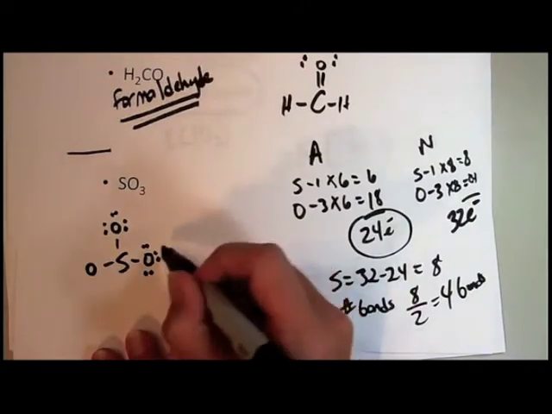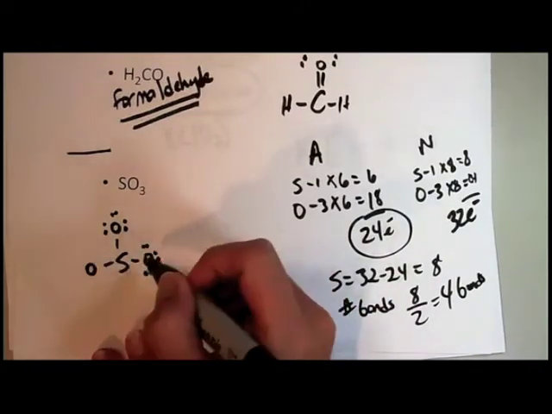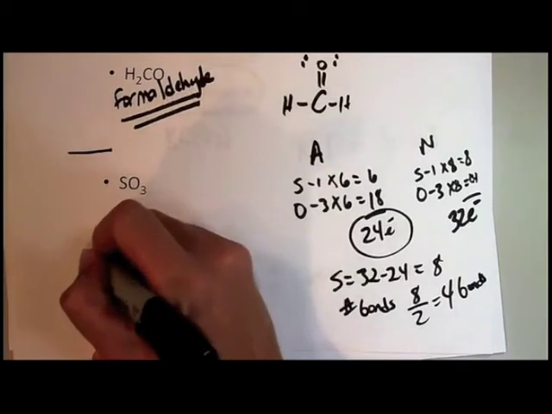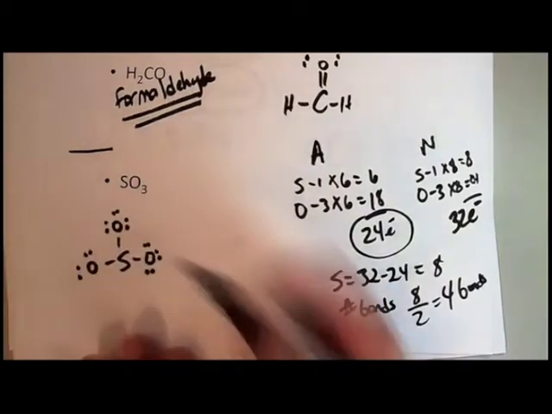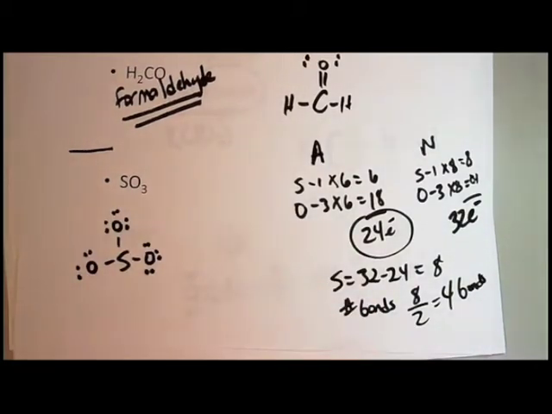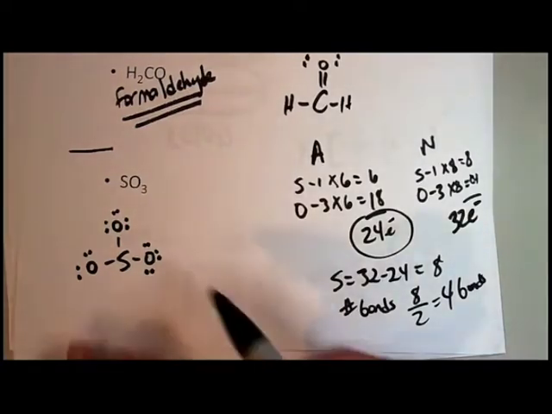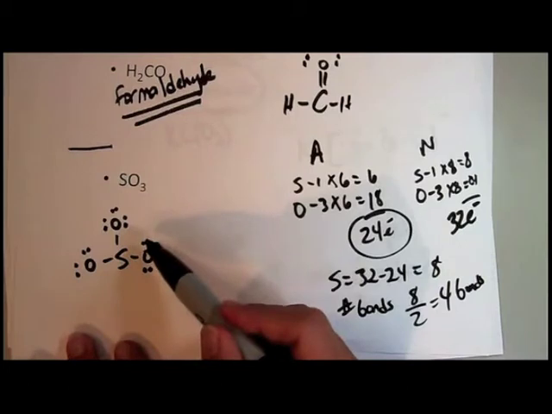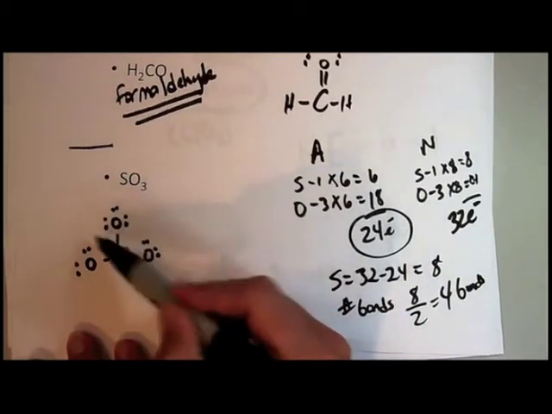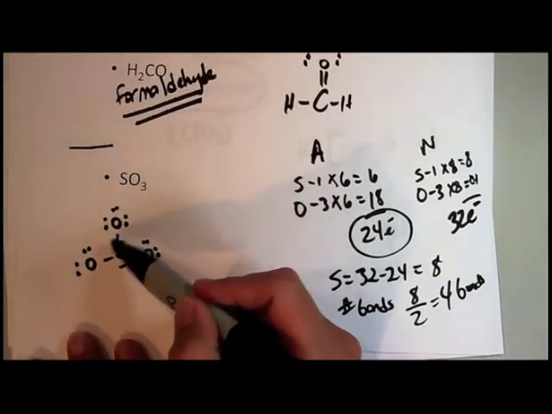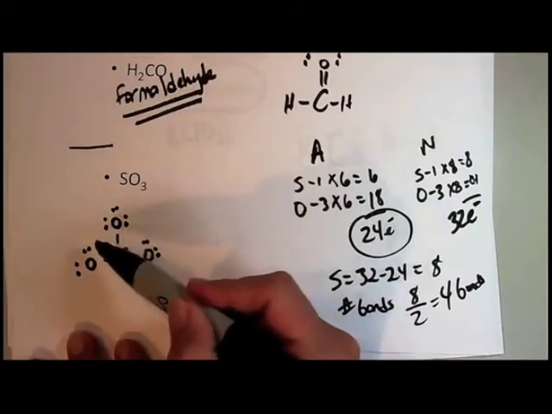So 2, 4, 6, 8, 10, 12, 14, 16, 18, 20, 24. When I place my 24 electrons, I find that I have satisfied the octet for the oxygens but not for the sulfur.